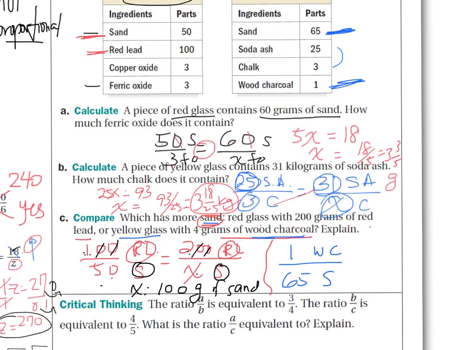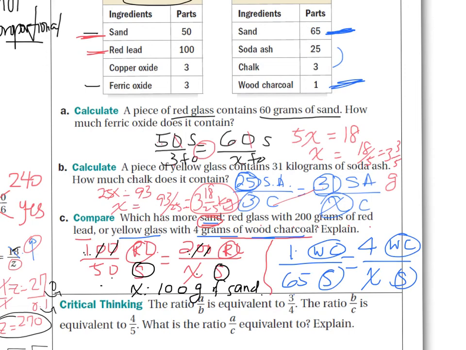Okay, again, we're trying to compare now. Now we find out about the other problem. So 1 wood charcoal with 4 grams. I need to put 4 grams of wood charcoal in the numerator and write x, because that's what we're solving for. We're looking for how much sand. Again, I'm circling this so that it doesn't interfere with my solving. And I can't simplify anything: 4 with 1, 1 with 65, nothing.